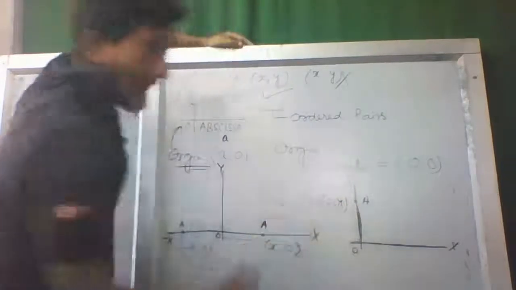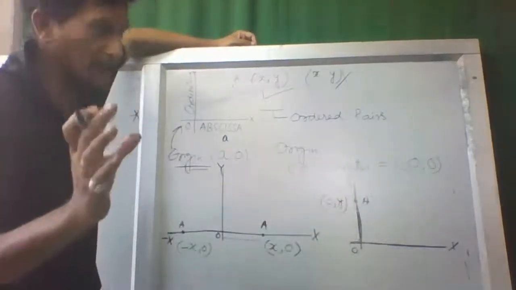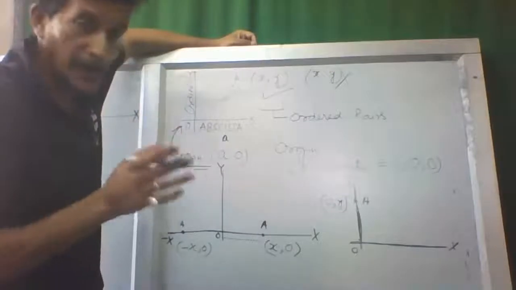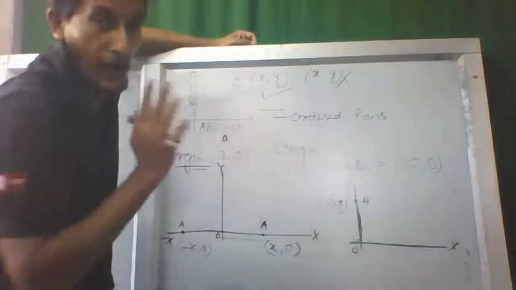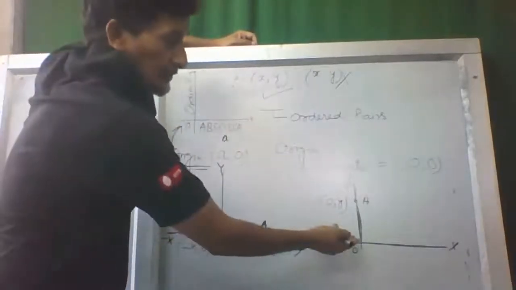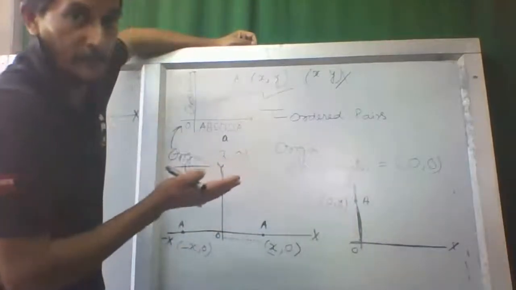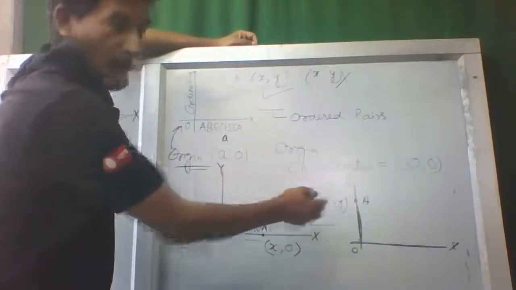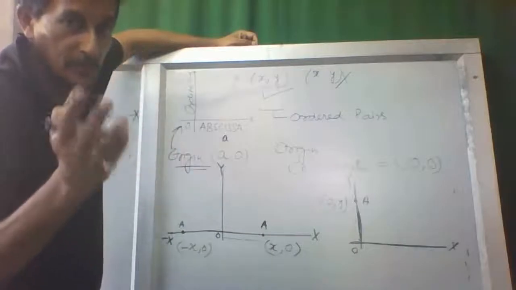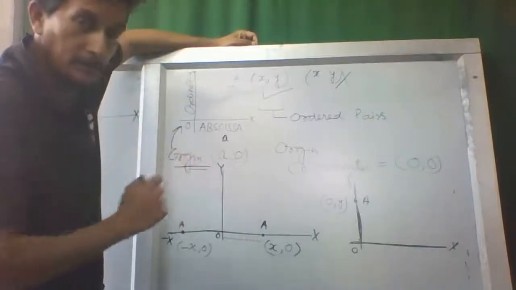Because no numerical value has been provided, we have to say it has its y value, because it has moved upward on the y scale. So 0, comma y. Now the abscissa is 0 and the ordinate is y.